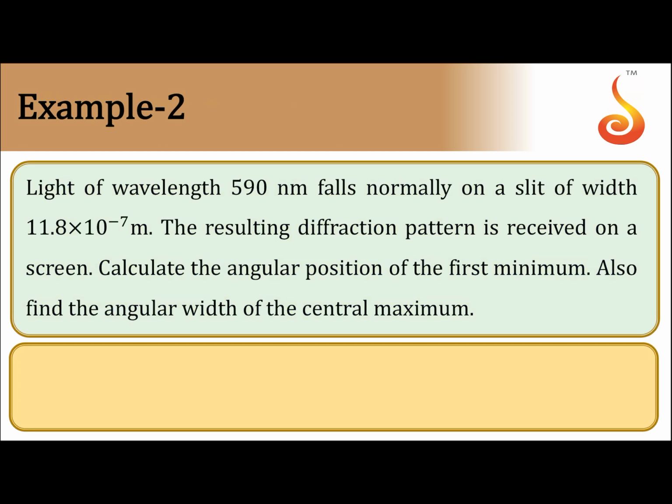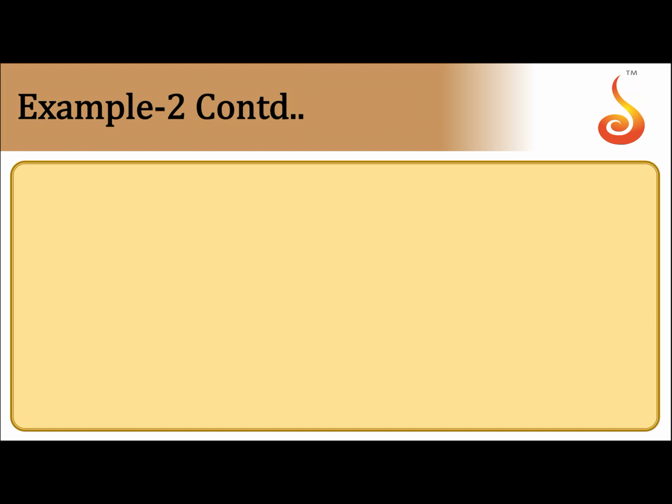Also find the angular width of the central maximum. So what they have given here is the wavelength of light is 590 nanometer and the slit width a, or what we have taken as d, is equal to 11.8 into 10 to the power minus 7 meter.